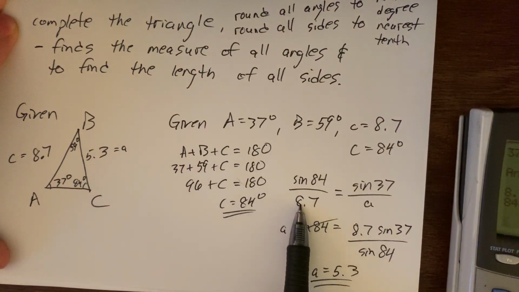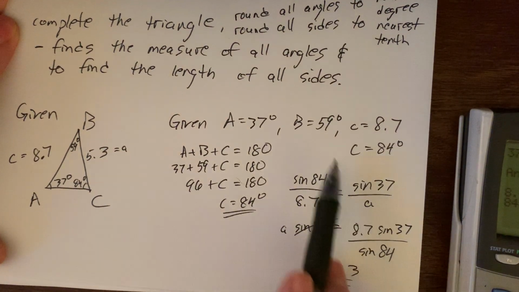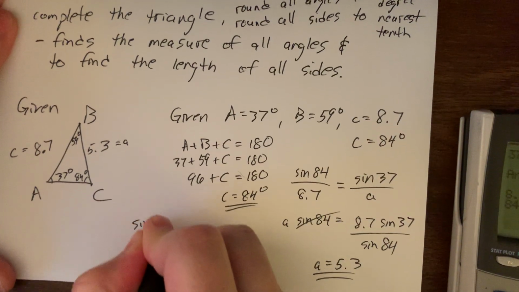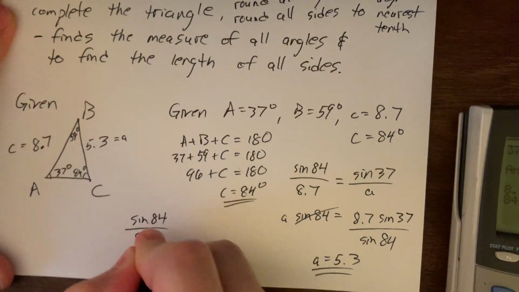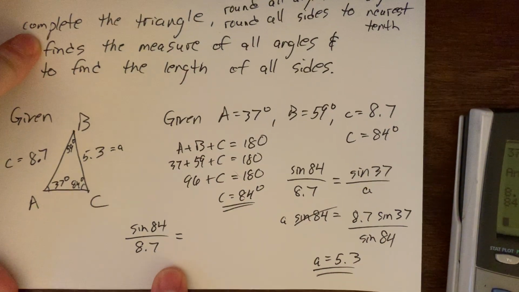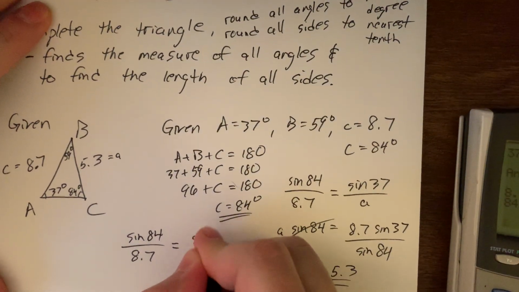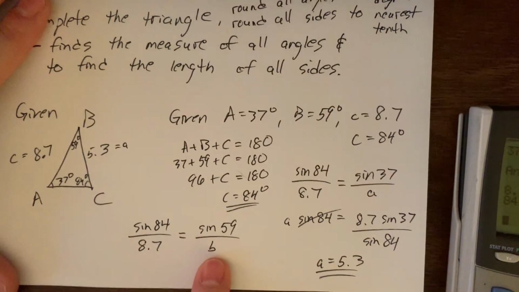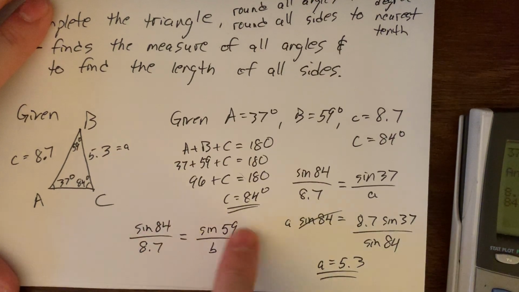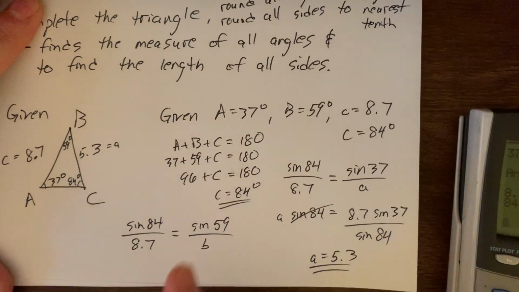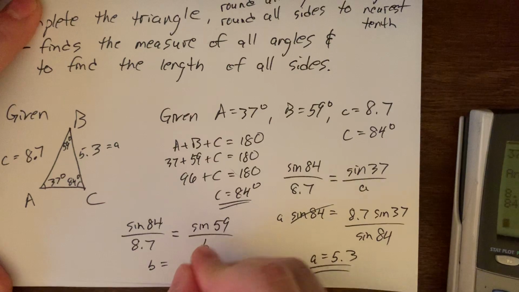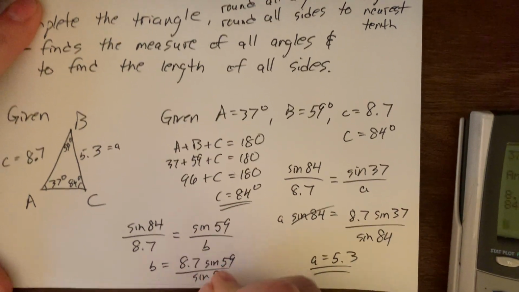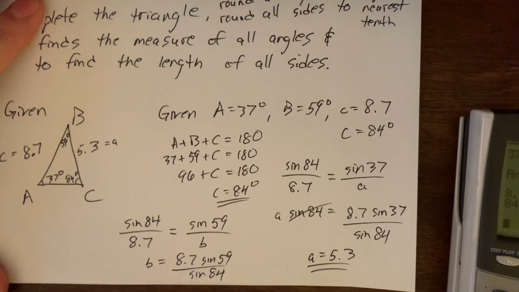And that's why I was saying, I started finding side A, but I could have just as easily found side B. I'd still have the sine of 84 over 8.7, but now for side B, I need sine of 59, sine of angle B, over little b. You do your cross multiplying, you'll see it works out very similarly. We'll get B is 8.7 sine of 59 divided by sine of 84.